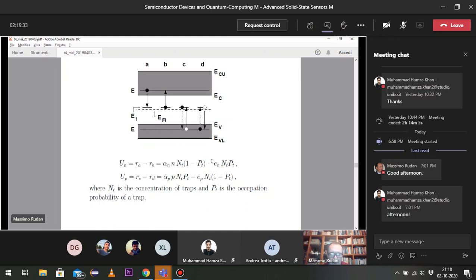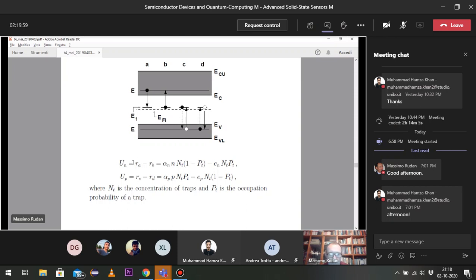Actually, we can show that there exists a relation between the emission coefficient En and the corresponding transition coefficient, alpha n, and a similar relation exists between Ep and alpha p. For this, we impose the equilibrium condition.